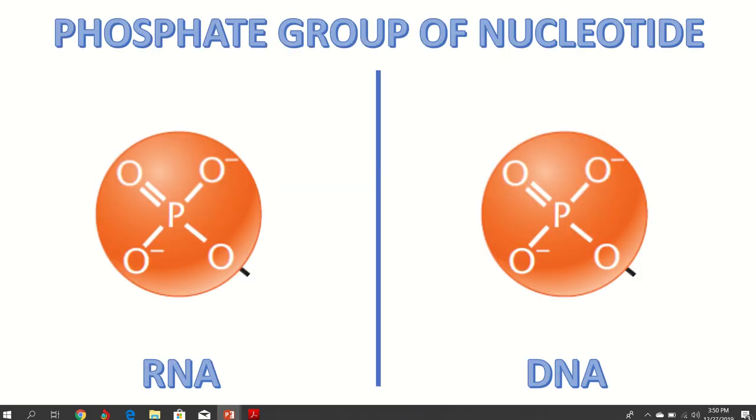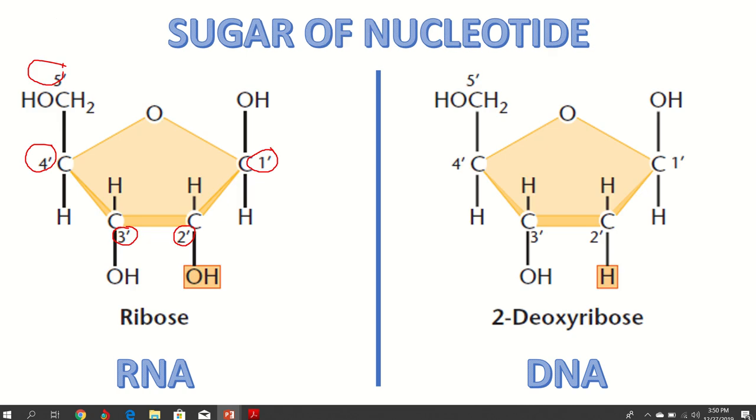In the phosphate group, have you seen any difference? There is none. There is no difference between the RNA and DNA. How about in the sugar? Looking at the sugar, there is a slight difference between the RNA and DNA. The sugar of ribonucleic acid is called ribose, and the sugar of DNA is called deoxyribose.